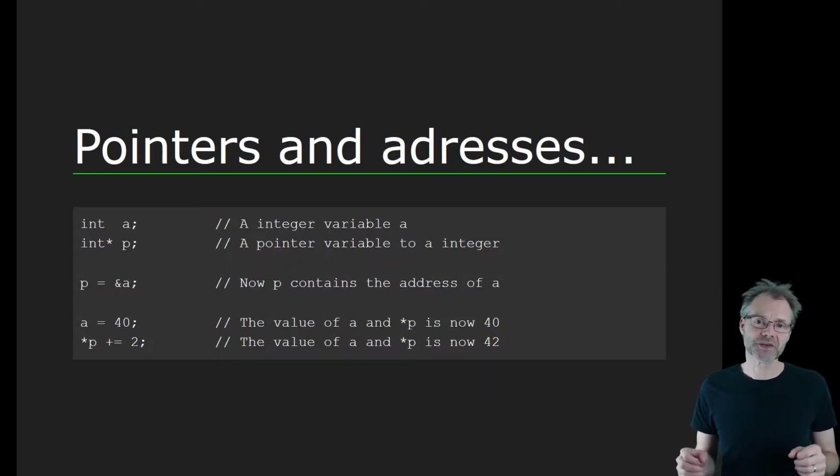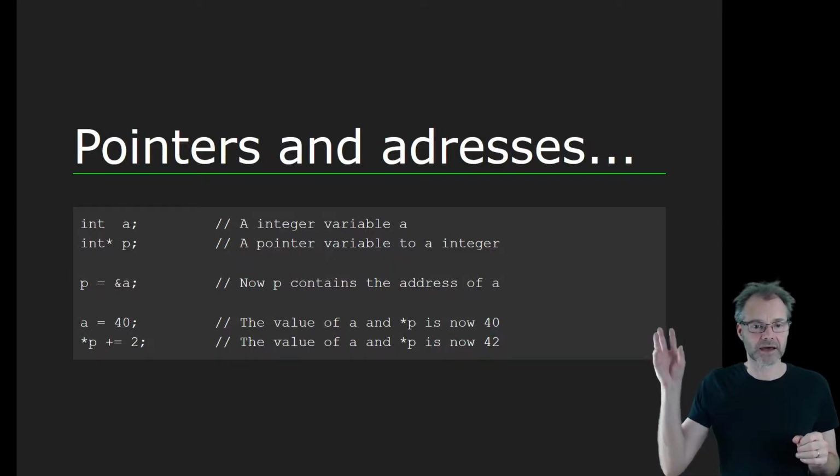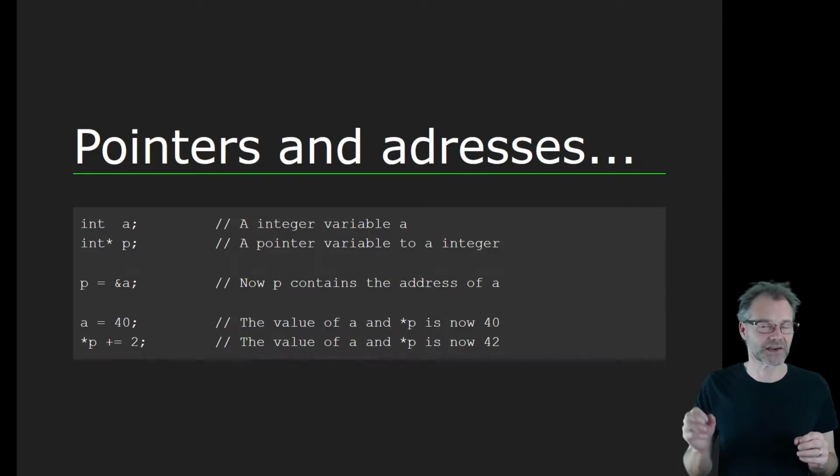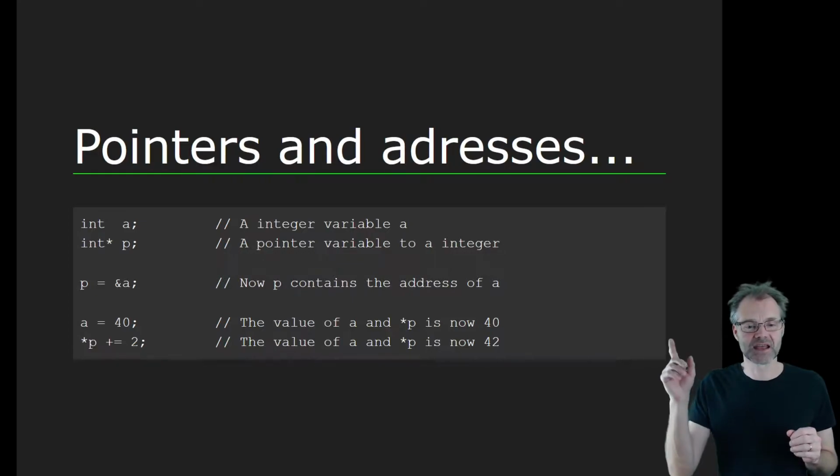So I'm going to try to exemplify this with a code example, and I'm going to start by declaring two variables. I'm declaring an integer variable first, and then I'm declaring an integer pointer, a pointer to integer, and that's also a variable, just a slightly different one.